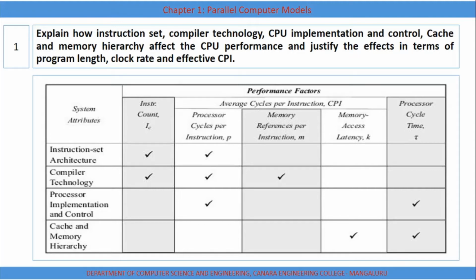Compiler technology affects instruction count, processor cycles per instruction as well as memory references per instruction. Processor implementation and control deals with processor cycles per instruction as well as processor cycle time. Finally, cache and memory hierarchy affects memory access latency as well as processor cycle time.